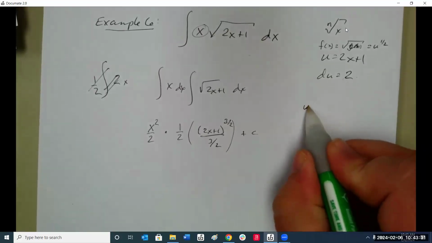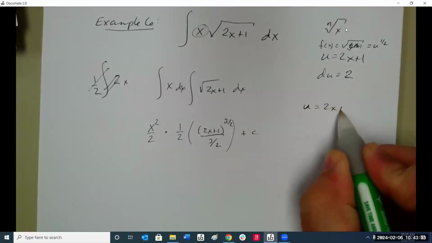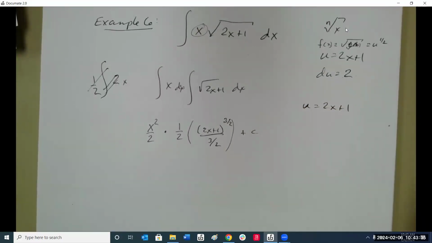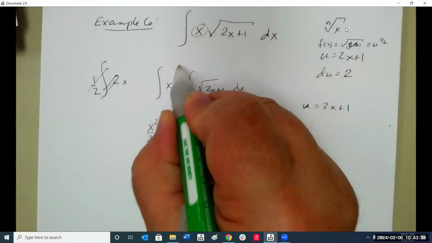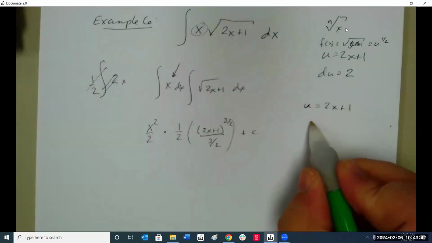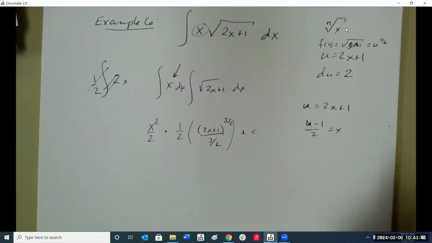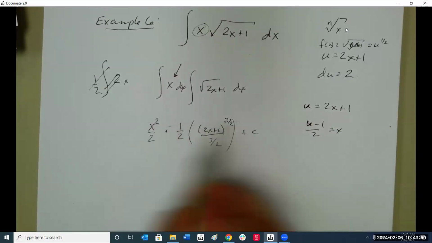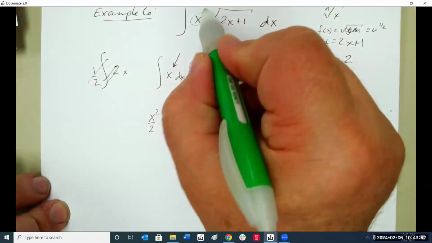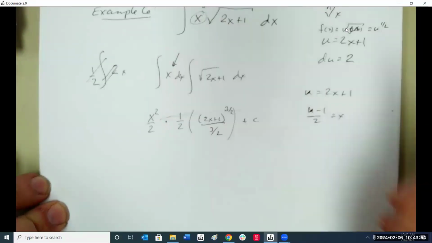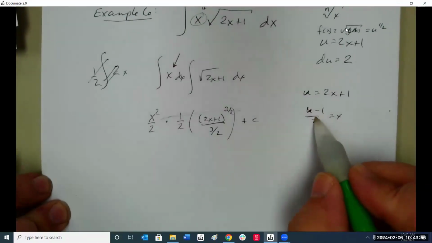Okay, look, if u is 2x plus 1, let's figure out what x is. x is u minus 1 divided by 2. Yes, that's what we have to do. We have to figure out what this is with respect to u.